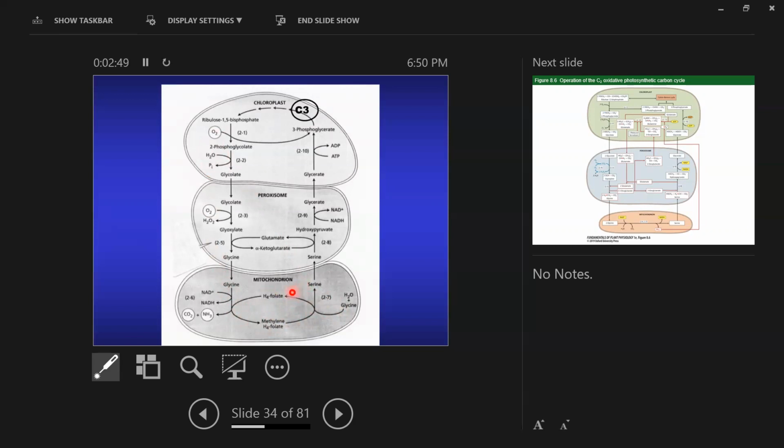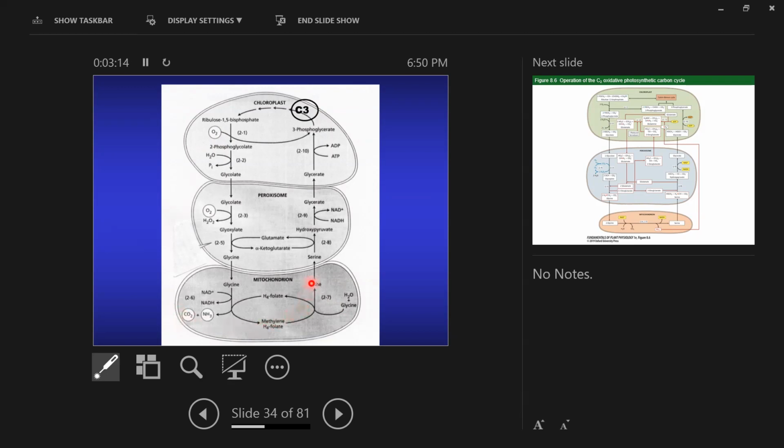And then that's not the only thing of importance. In the mitochondria, you also see that CO2 getting lost or respired. It's not going to get used by the chloroplast for the Calvin cycle. And so it's considered a loss of carbon. So knowing that that happens, knowing where it happens in the mitochondria, okay?